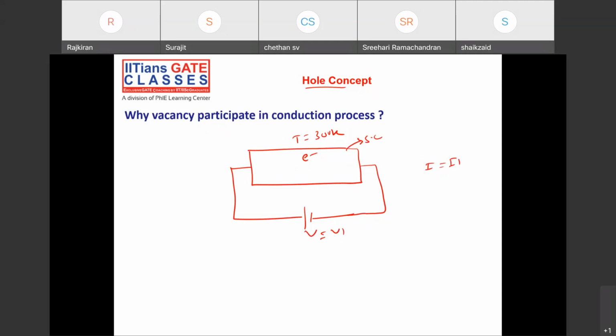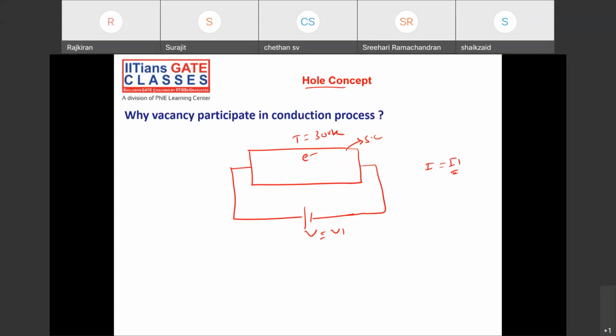If I know the electron concentration and the external voltage, I can understand how much current should flow. Suppose this is I equal to I1, which you have estimated.